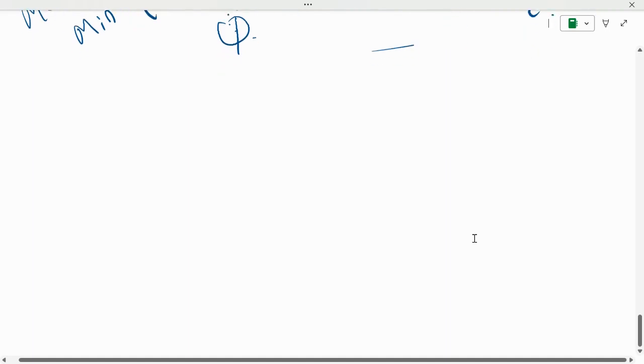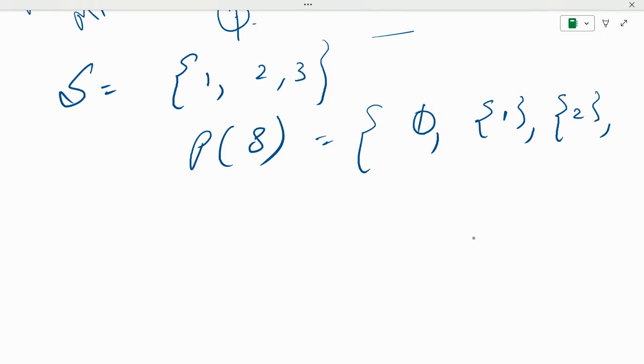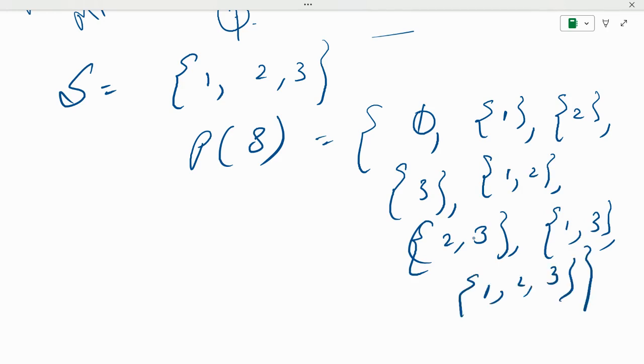Let's say we have another poset like this. Let's say S is given as 1 2 3. Then the power set of S will be phi, then 1, then 2, then 3, then 1 2, then 2 3, and then 1 3, and then 1 2 3, all 8 elements.